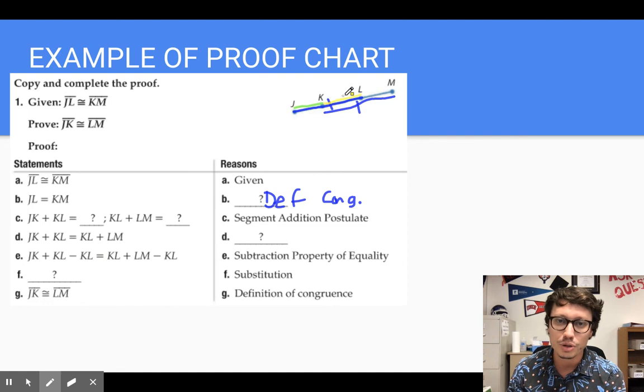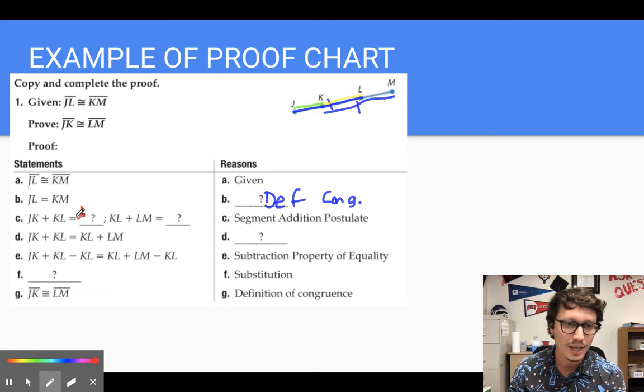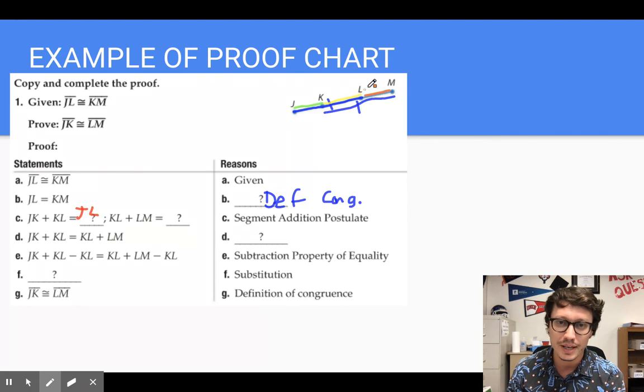Green plus yellow, JK plus KL is going to give us JL. So that is JL. And then KL plus LM, again trying to mix up my colors. KL, that's already in yellow, plus LM is in orange. KL plus LM is going to equal KM.